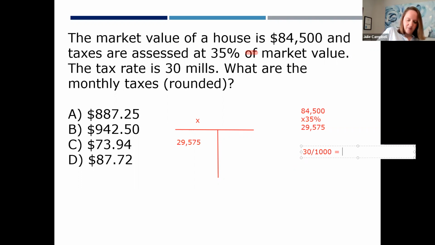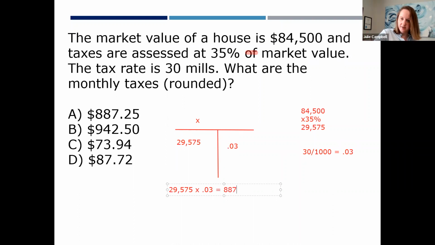So 30 divided by 1,000 gives me a tax rate that I can use in my T-bar. Up down line means multiply. So we take 29,575 times 0.03, and I get annual taxes of 887.25.